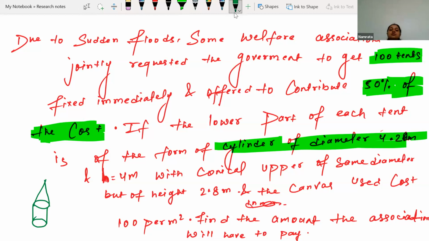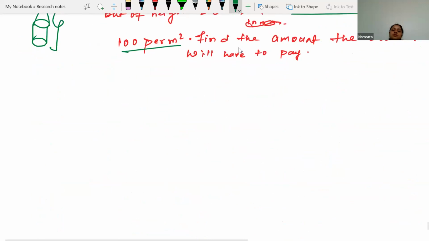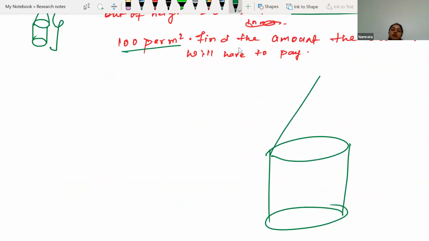And the canvas used costs 100 per meter square. That means we have to find the total area of this tent, right? Yesterday only we discussed that when the tent looks like this, then the canvas used means total area: the curved surface area of this one and the curved surface area of this one.